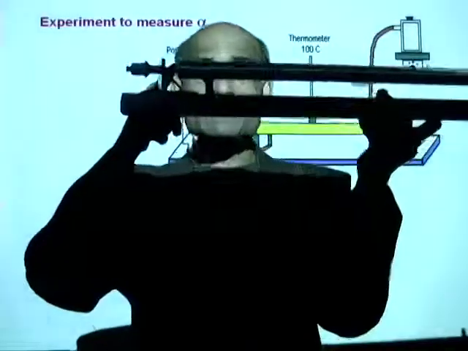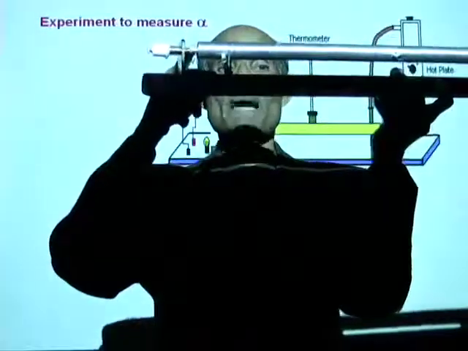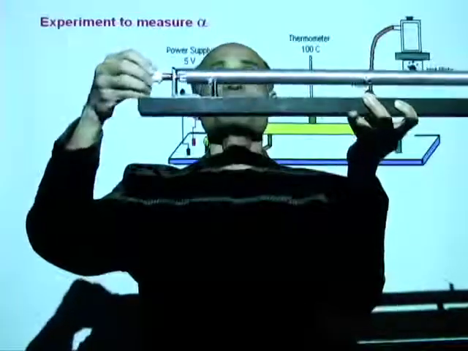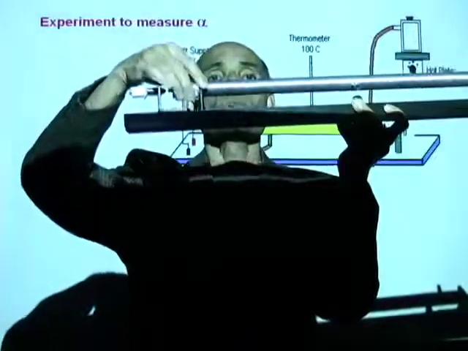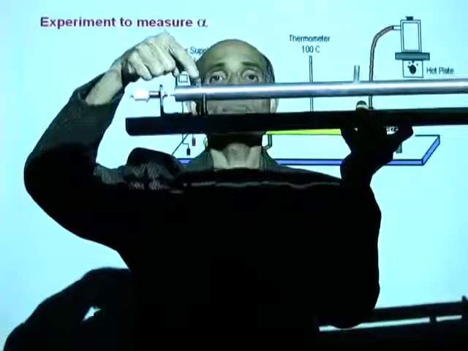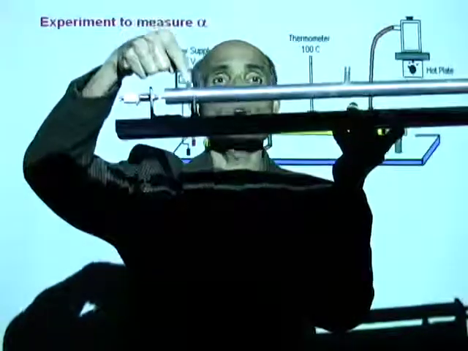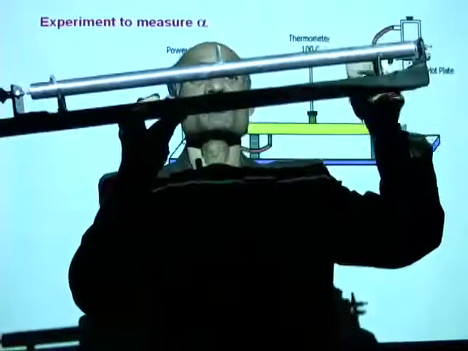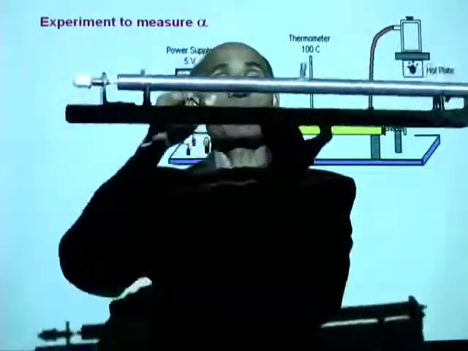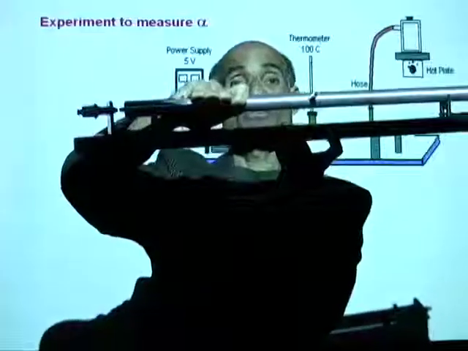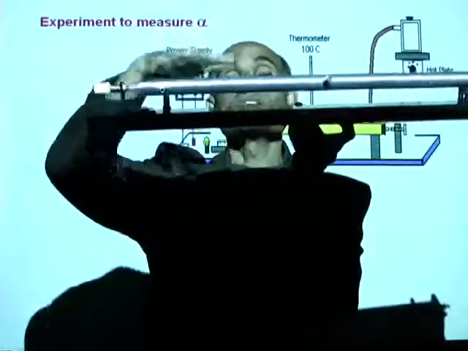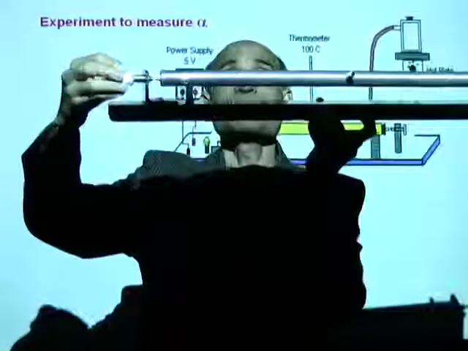There is space and the rod can expand there. Now, once you have a space there, you can pass steam through here. The steam will go into the jacket and then out through the other end. And after passing steam through this for about 5 or 10 minutes, the rod will expand.